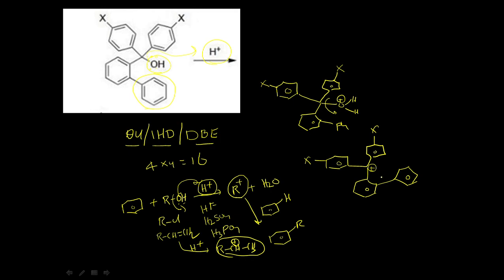Now adjacent at the ortho position there is a phenyl ring. In this case this H plus is replaced by this carbocation. That means there is internal attack of the electrophile. As a result of this internal electrophilic attack, we can get a new 5-member ring.